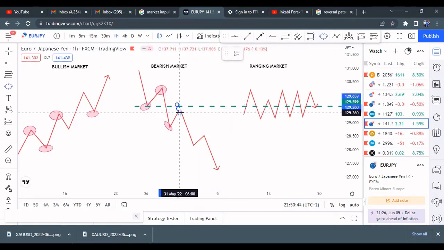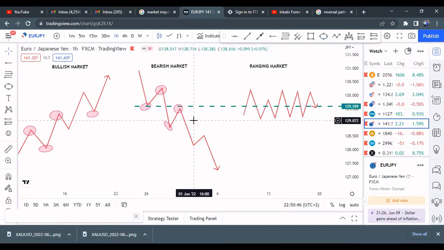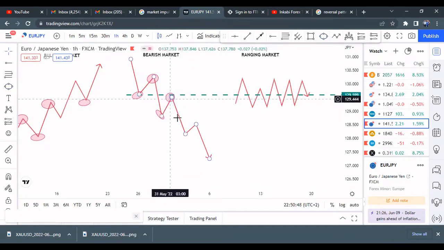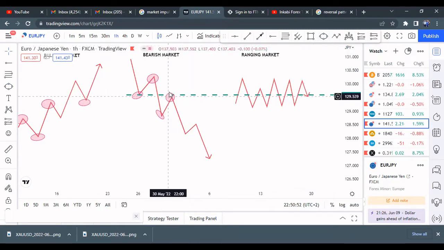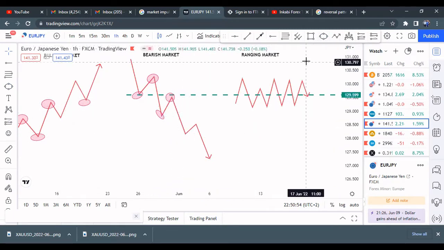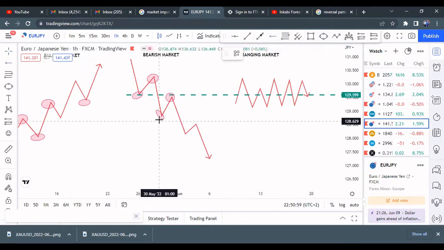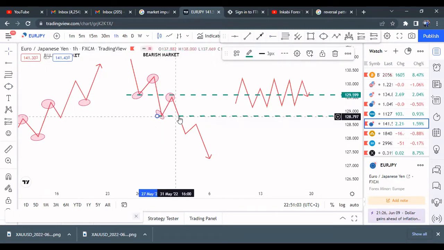So it's what influences us to continue down. And then as the price goes down again, we expect that once price reaches this point, it should change direction and go up.